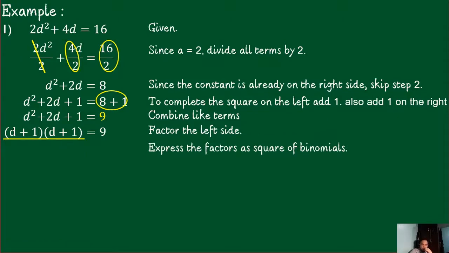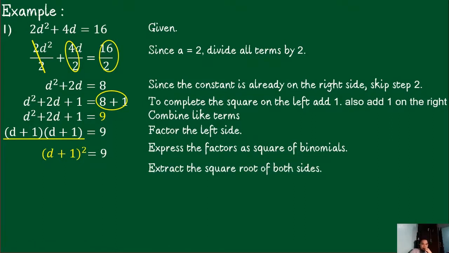So paano natin gagawin yon? Again, kokopyahin lang natin yung factors, then maglalagay tayo ng exponent sa labas. So bale, shortcut natin ito using this one. Kokopyahin mo lang yan, then maglalagay ka ng exponent na 2 sa labas.